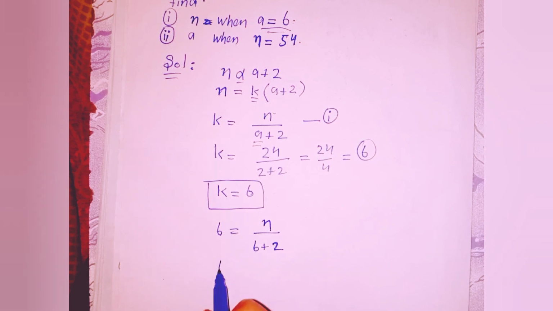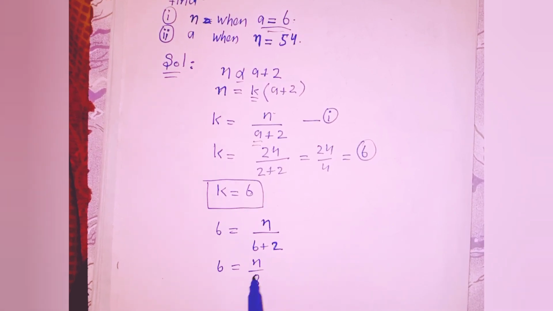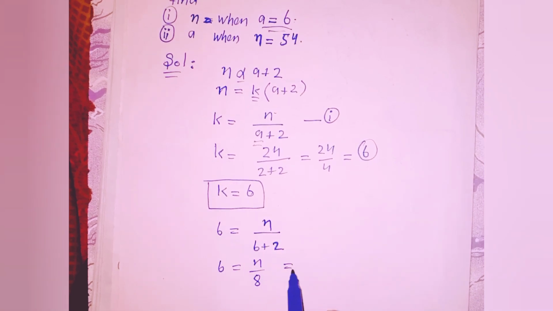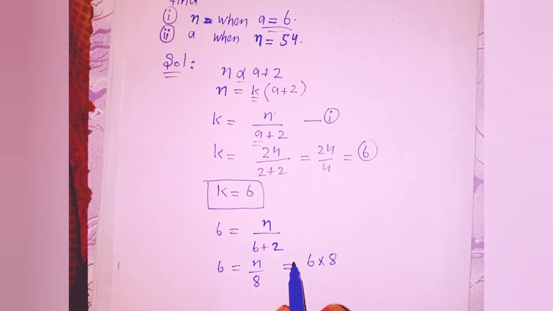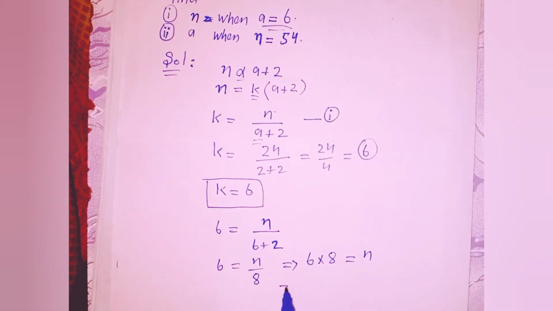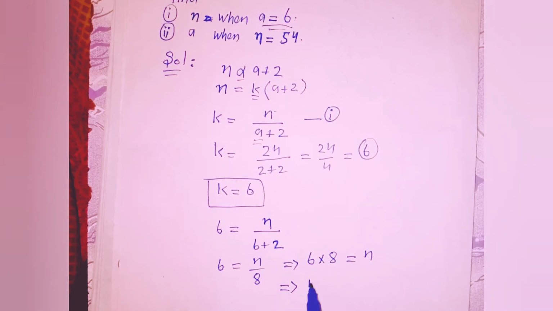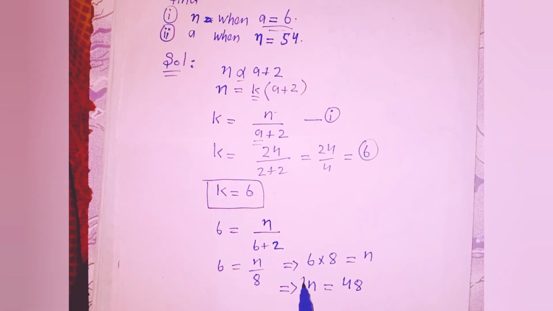So if we multiply both sides by 8, we get 6 multiplied by 8 is equal to n, and from here we get the value of n is equal to 48.